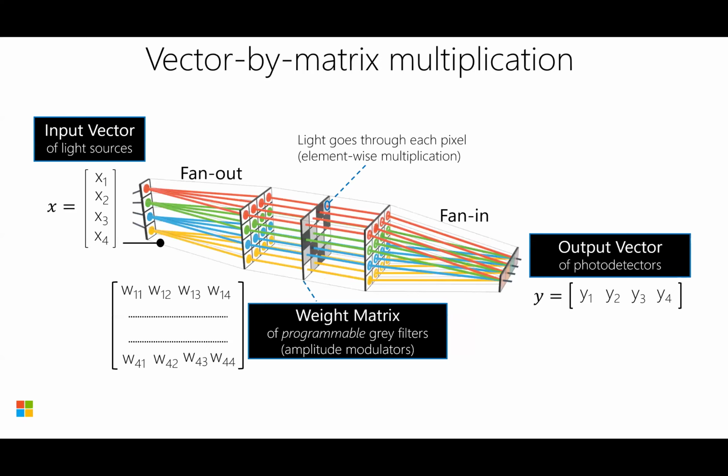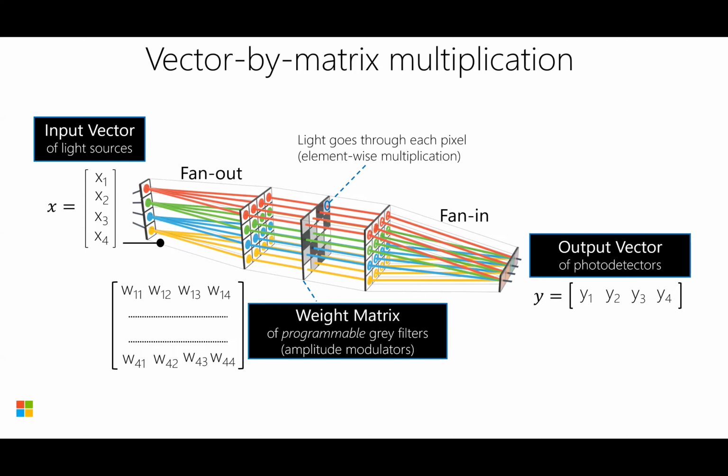So, representing it all mathematically, we've got our input vector of light sources, which is our x. The weights matrix in machine learning language is then a matrix of programmable gray filters, or amplitude modulators. I didn't say that this is all done incoherently, so there's no coherence here. It's all done with modulating the intensity of the light, not the phase, and detecting the intensity, not the phase.